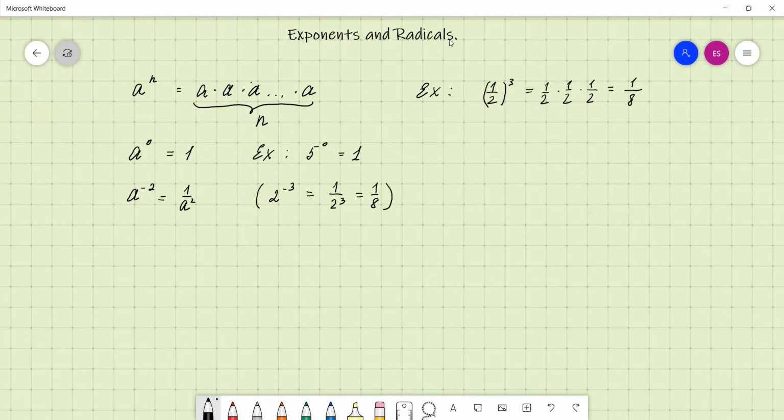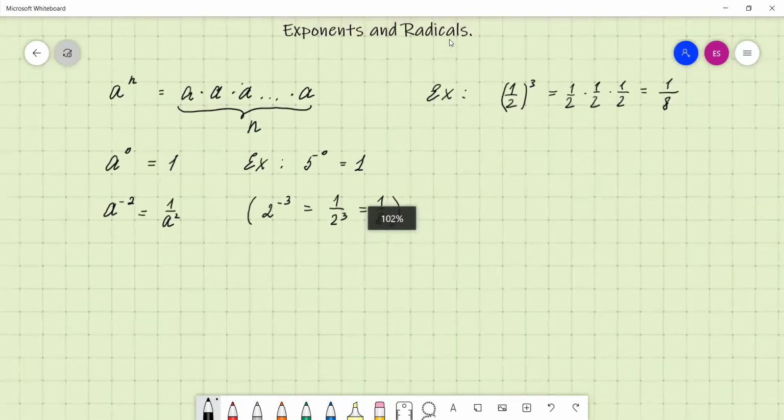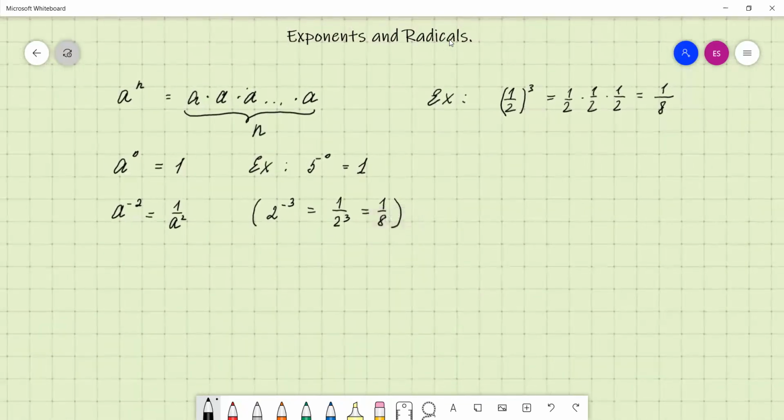Okay, what are the rules for exponents and radicals? Let me make it a little bit bigger. Let's talk about rules. We are going to start with the rule for multiplication of powers. If you have a to the power of n multiplied by a to the power of m, a here is called the base.